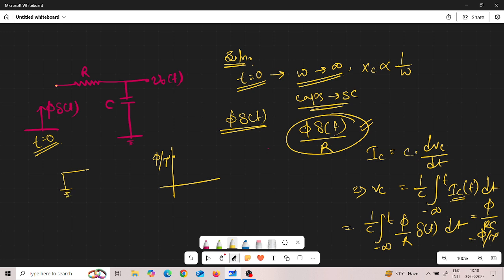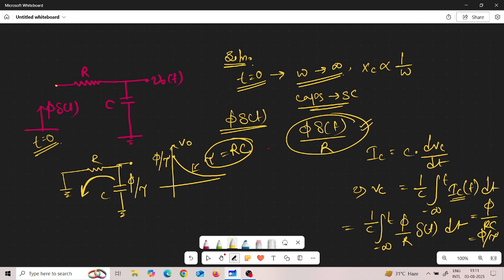This is ground, this is the resistor, and this is the capacitor, which is charged to the voltage Φ by tau. What will the capacitor do now? It will gradually discharge through this resistor, and eventually the voltage across the capacitor becomes 0. So the output response will look like this, where the time constant is simply RC.